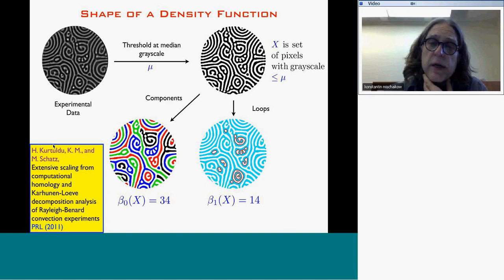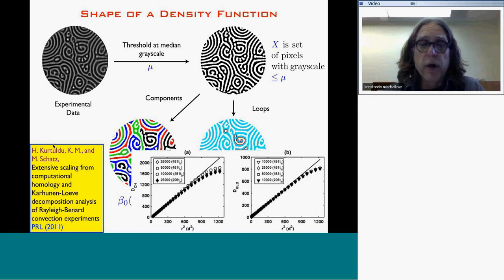There are more standard ways that the physics community has done, using this Karhunen-Loève decomposition, which you can think of as basically doing a spectral analysis and seeing what portion of the spectrum is activated by the system.